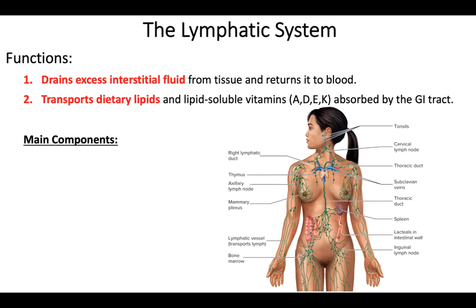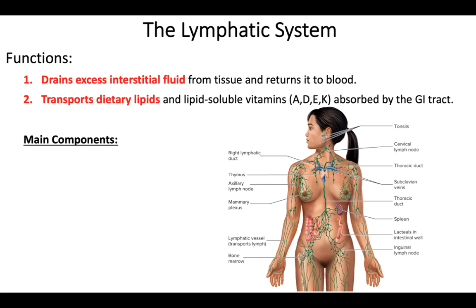So this is focused a little more when we get to the digestive system. But when you absorb nutrients from your foods, most of those nutrients go directly into your bloodstream and then go to the liver. Recall the hepatic portal. Certain dietary lipids, fatty acids from your triglycerides, for example, as well as lipid-soluble vitamins, vitamin A, D, E, and K, actually get absorbed into your lymphatics and not directly into your bloodstream.